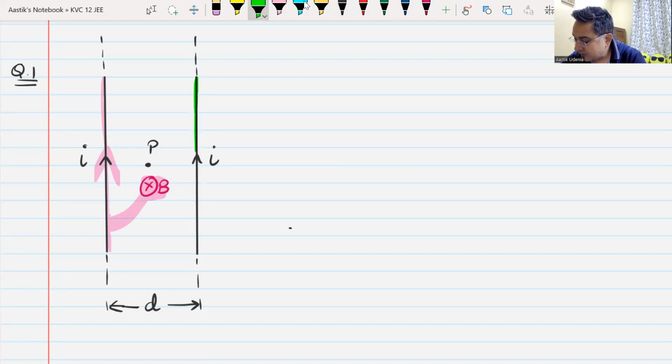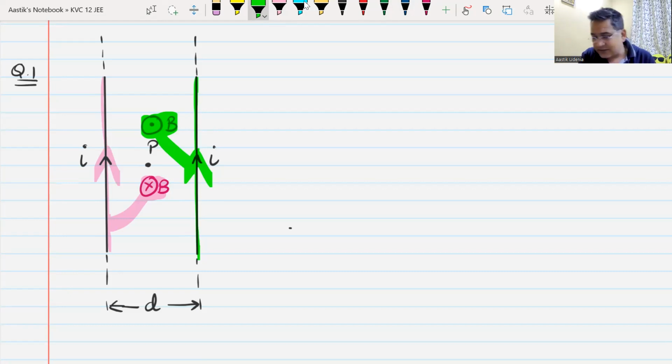If I now look at the green wire, due to the green wire, the magnetic field will be coming outside. Both the magnetic fields are of the same magnitude, one is going inside and the other is coming outside.